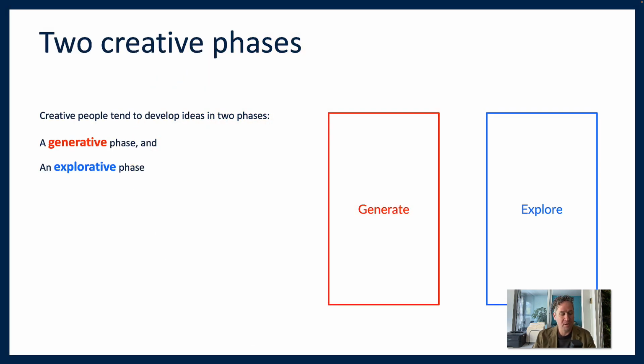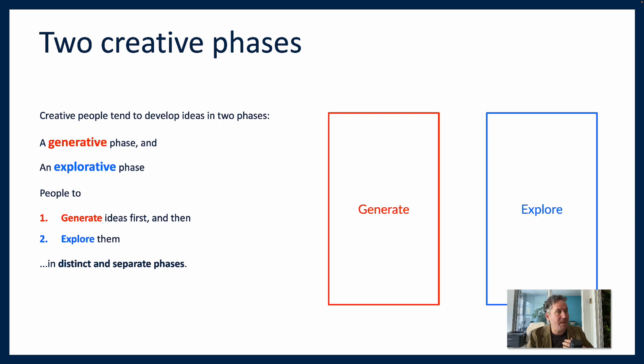So, a long lineage of people who observe creative people at work, who study creative process, have identified that creative people tend to develop their ideas in two separate and distinct phases, in two stages. One of those is a more generative stage, and the second is an explorative stage.